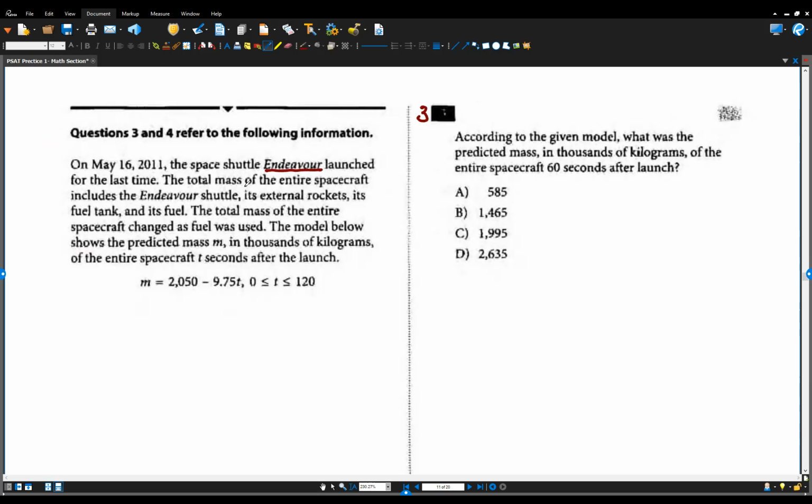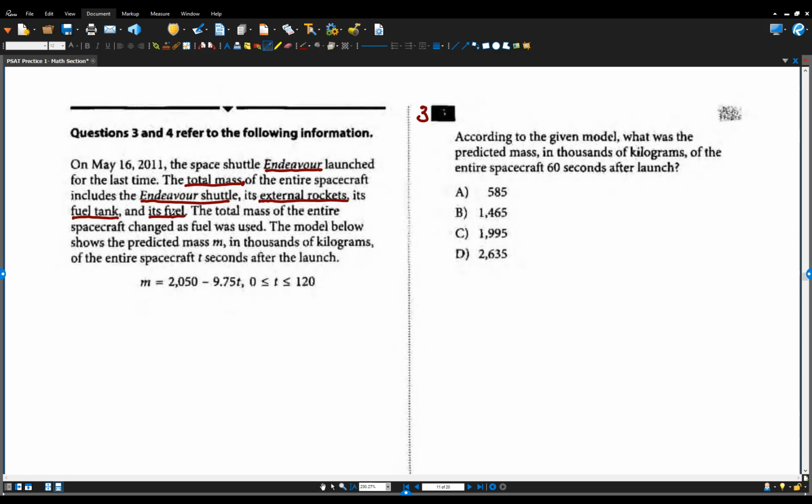The total mass, the mass, right? The entire spacecraft includes the Endeavour shuttle, its external rocket fuel tank, and its fuel. All together is called the total mass.